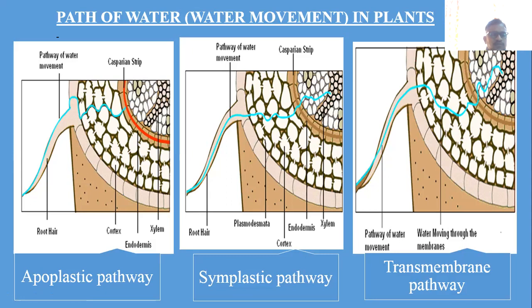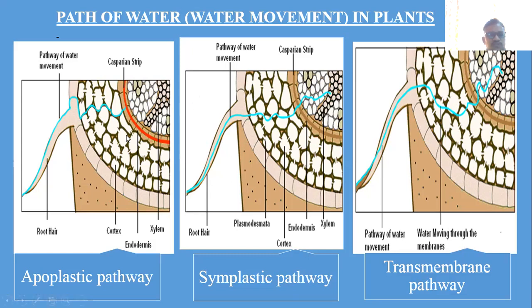In this apoplastic pathway, the majority of the water that is getting absorbed is received by the cortex region, or the cortex cells, and these cortical cells are loosely bound.